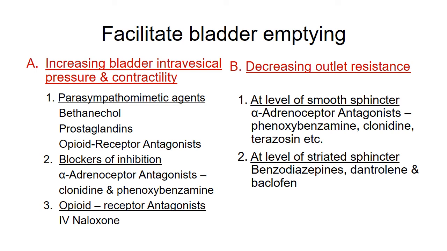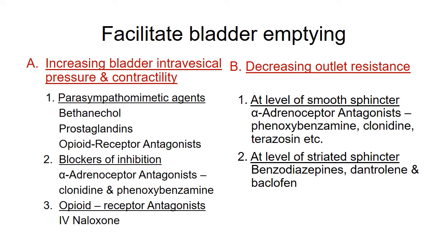So for increasing the bladder pressure or contraction, we have to give parasympathomimetic agents like bethanechol, prostaglandins, opioid receptor antagonists. For blockers of inhibition, we can give alpha adrenoreceptor antagonist, and opioid receptor antagonists can also be used, IV naloxone. It is not common.